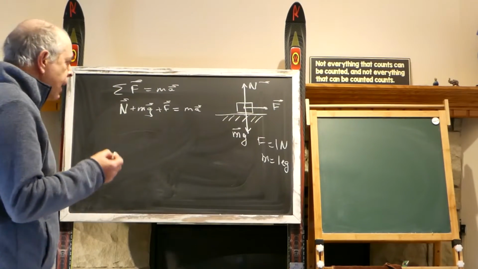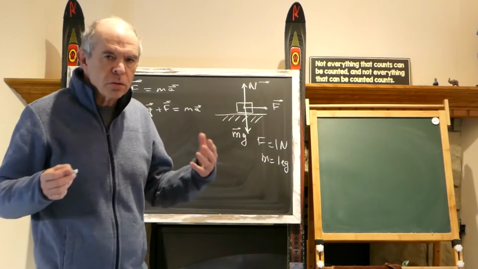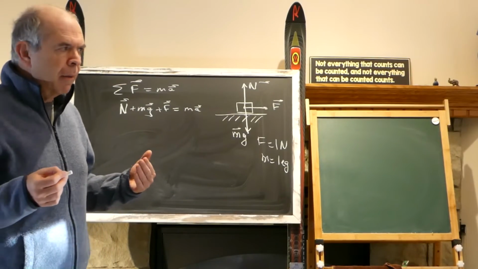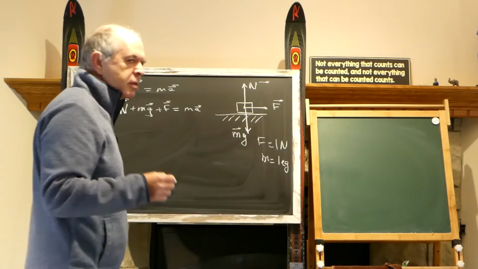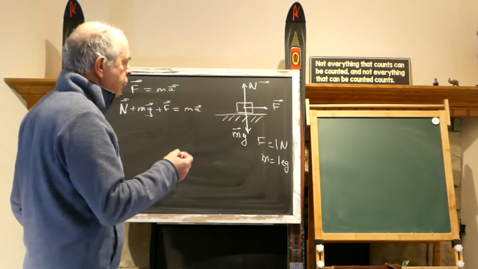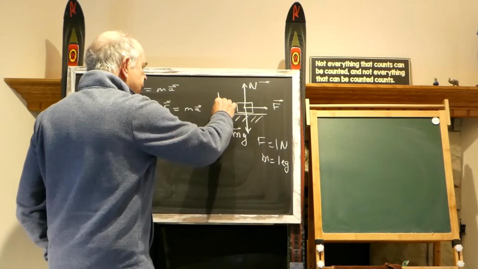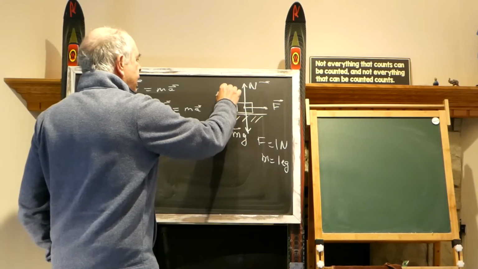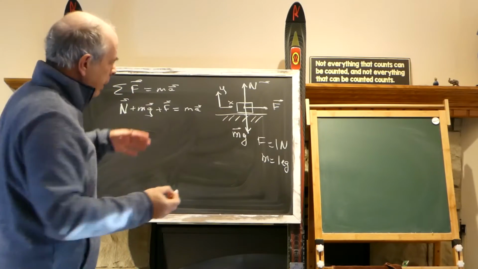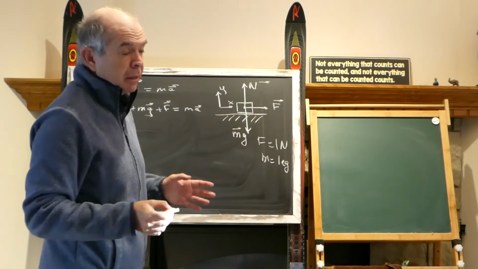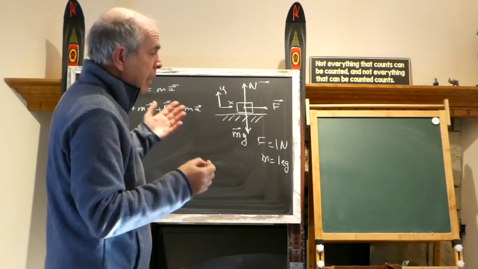The next step: because nobody knows how to solve vectors effectively in vector form, we have to introduce axes, a system of coordinates. The system of coordinates here is y here and x here, because it's natural. We can of course turn it at an angle, but that would only complicate our math.